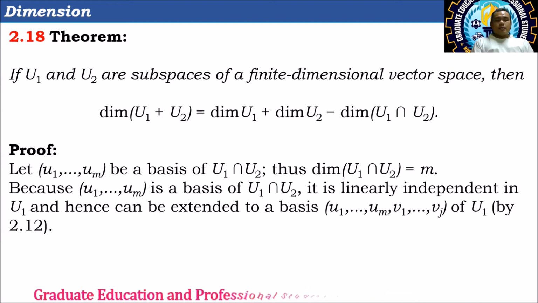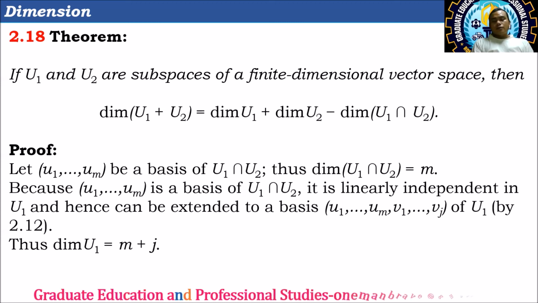Thus, the dimension of U1 is equal to m plus j, where m is comprised of the u's and j is comprised of the v's.